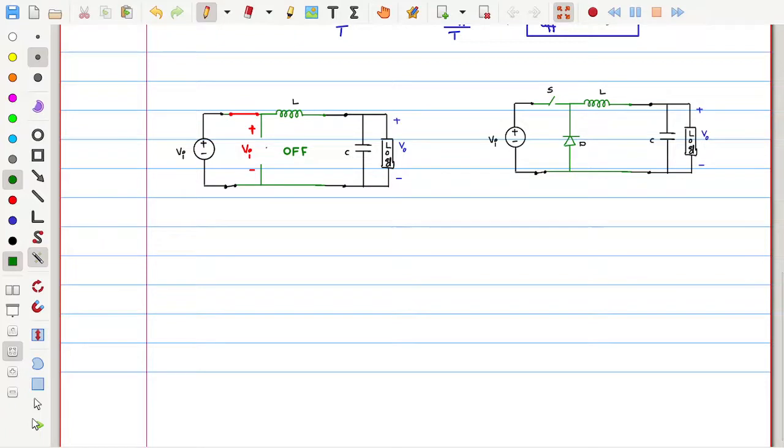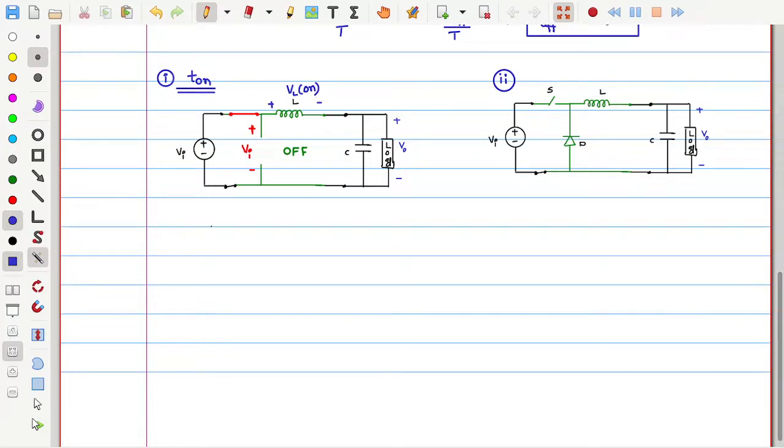Okay. Then the voltage across the inductor is VL. So let me write, during the on time, to avoid confusion, VL on is this much voltage, and this is the output voltage. This is case 1, and this is case 2. So case 1 is during the on time, when the switch is in the on position.